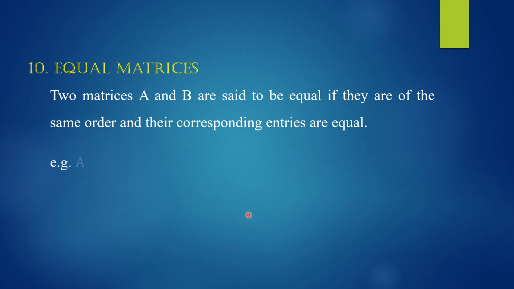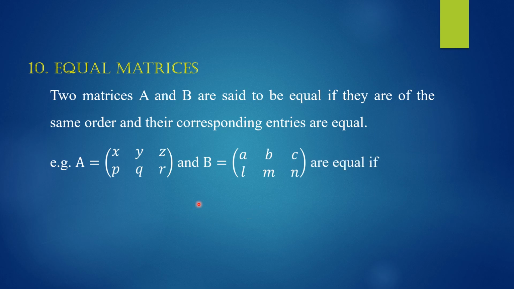Take one example to understand equal matrices. Let me take a matrix A equal to this one and a matrix B equal to this one. These two matrices are of the same size. You see, this is 2 by 3 size, this is also 2 by 3 size, because 2 rows and 3 columns. Here also 2 rows and 3 columns.